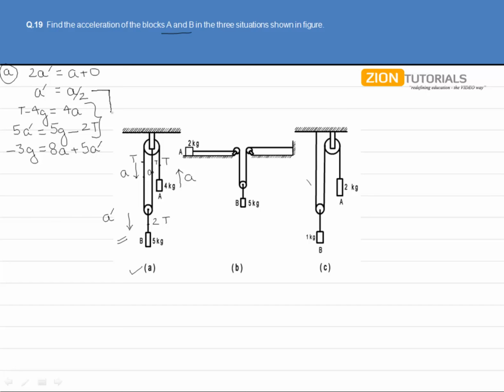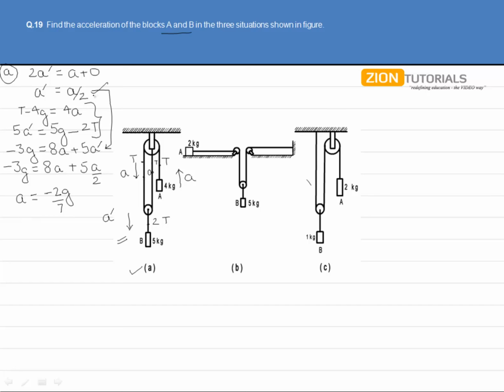Now, putting the value of a' into this equation, we get minus 3g equals 8a plus 5a by 2. That is, a equals minus 2g by 7.